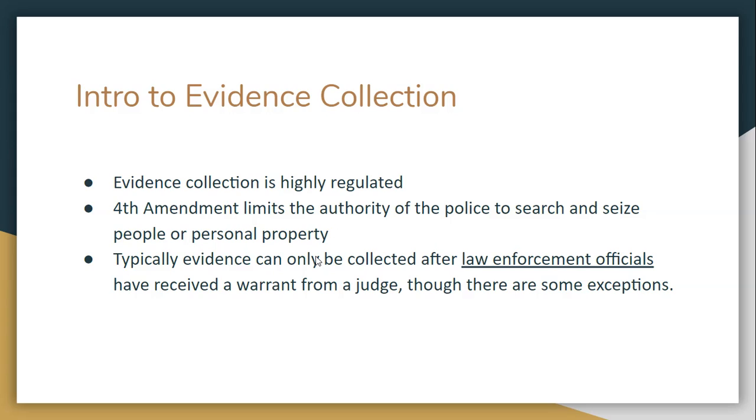As we've discussed before, the laws around evidence collection are very highly regulated underneath the Fourth Amendment, and so most of the time you're going to have gotten a warrant from a judge, with some exceptions, in order to search and seize property and seize evidence.